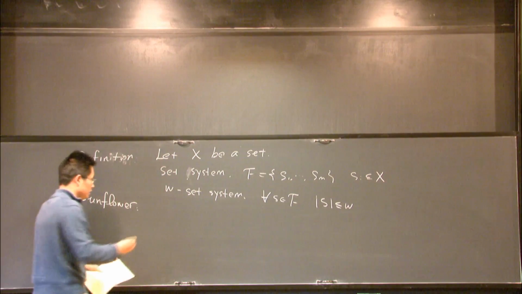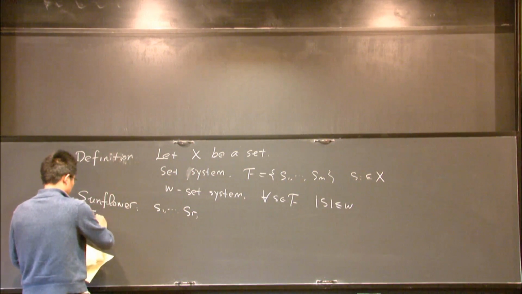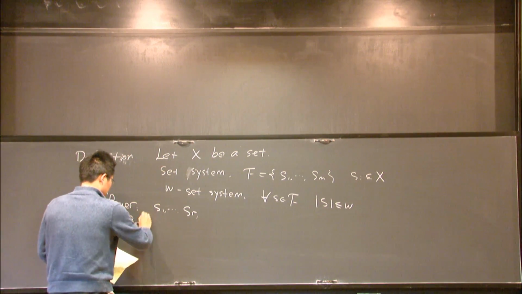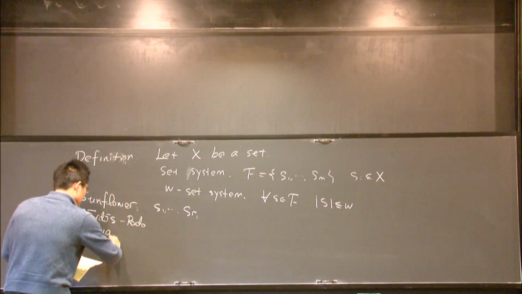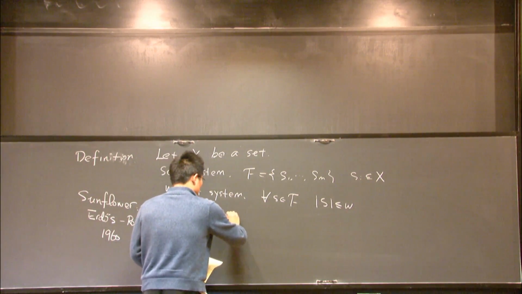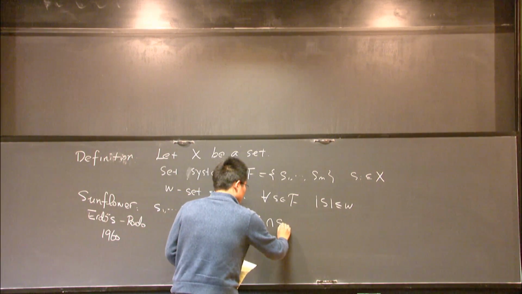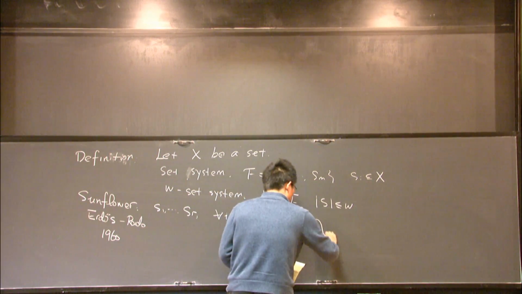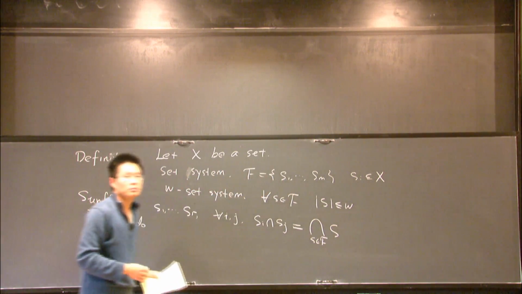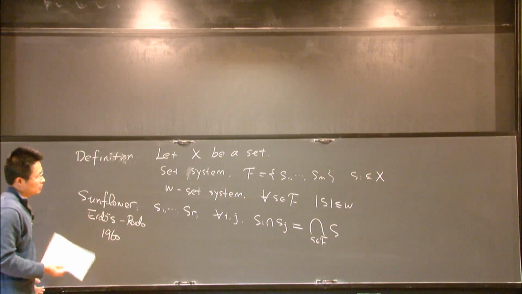Given a collection of sets S1 up to Sr, we call this a sunflower if for any i and j, the intersection of Si and Sj is exactly the intersection of all sets. So this is the definition of the sunflower structure. We call a set system a sunflower if we have this property.